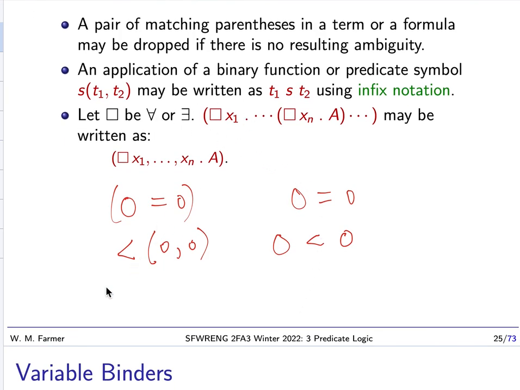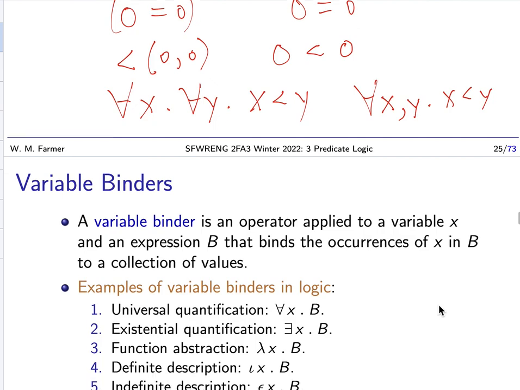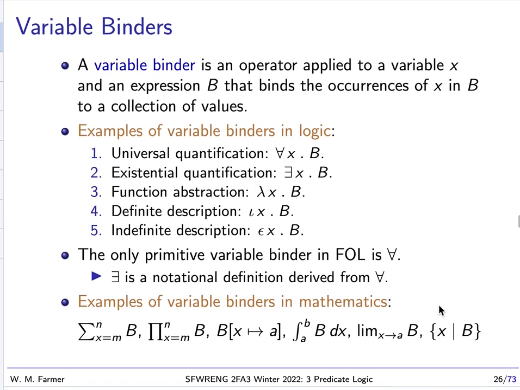And the last convention is if we had something like for all x dot for all y dot x is less than y, and I'm using the second convention here, we could write that simply as for all x comma y dot x is less than y. Okay, so we're going to stop here. Next time we're going to talk about variable binders. So I'll see you all then.